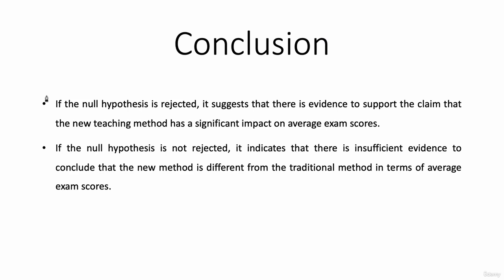So if the null hypothesis is rejected, it suggests that there is evidence to support the claim that the new teaching method has a significant impact on average exam scores compared to the traditional teaching method. And if the null hypothesis is not rejected, it indicates that there is insufficient evidence to conclude that the new teaching method is different from the traditional method in terms of average exam scores.